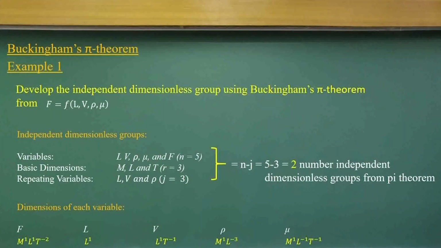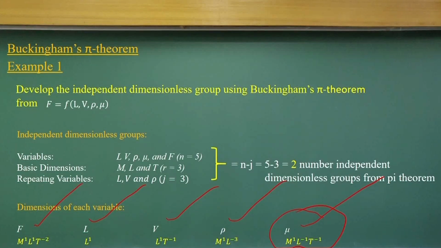Now, I have to develop the dimensionless groups. First, I have to write the dimensions of each variable: force, mass into acceleration, the length, the velocity, density and the dynamic viscosity.